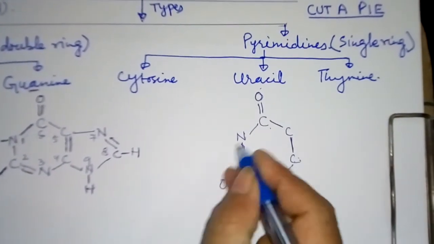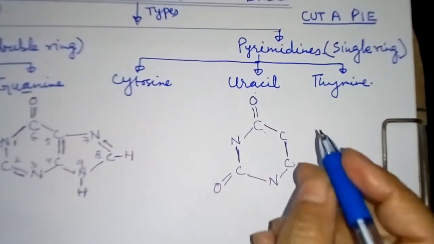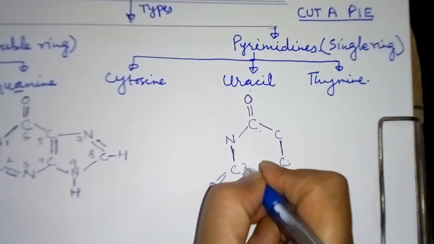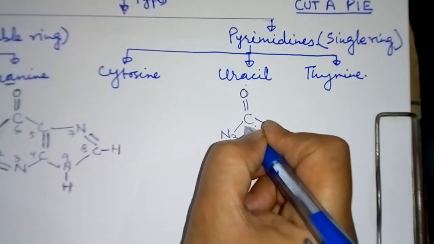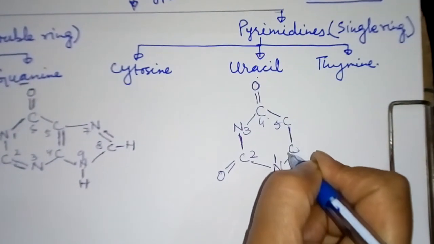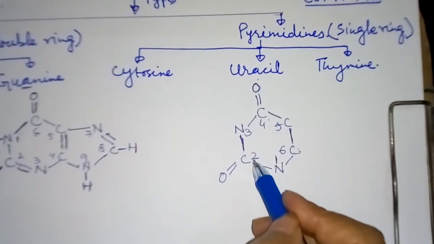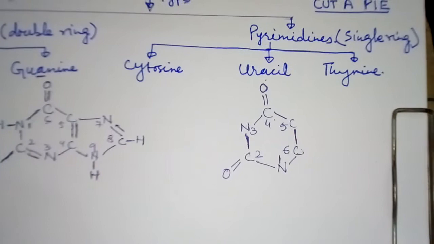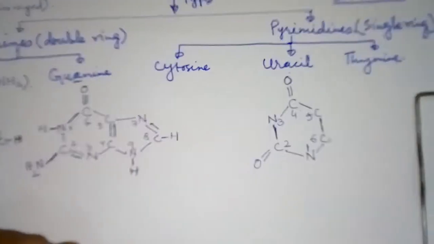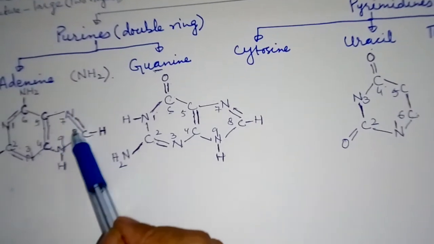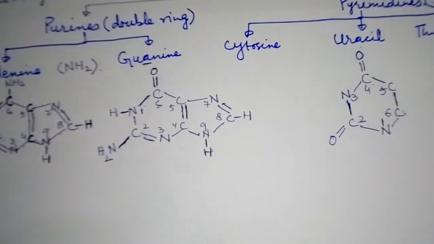But here we will start numbering from this nitrogen: 1, 2, 3, 4, 5 and 6. Students, this numbering is clockwise, while in the earlier case the numbering was anti-clockwise in the hexagonal structure and clockwise in the pentagonal structure.